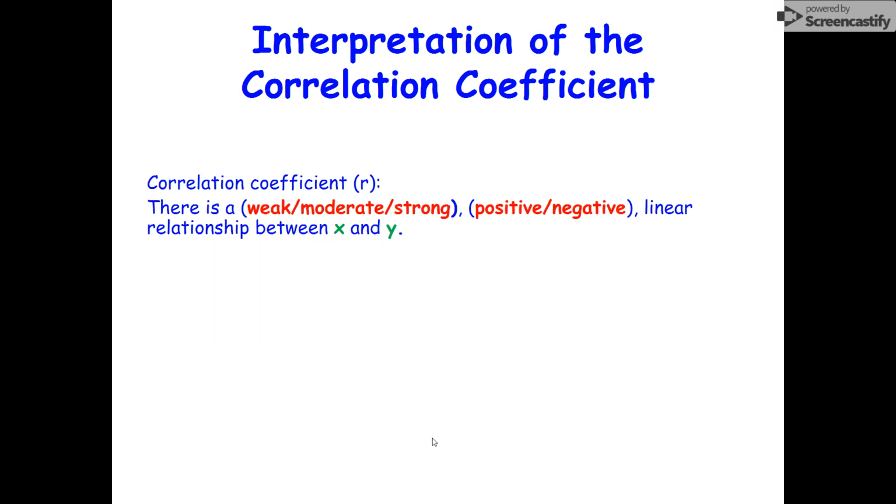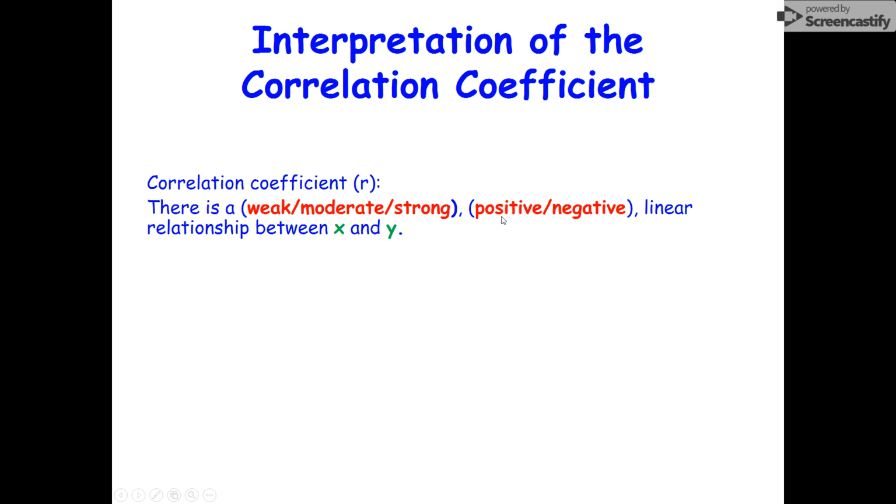The interpretation of the correlation coefficient, you'll always say that there's some sort of strength relationship. So whether it's weak, moderate, or strong, remember weak's between 0 and 0.5, moderate's 0.5 to 0.8, and strong is 0.8 to 1, not 0.1, so 0.8 to 1.